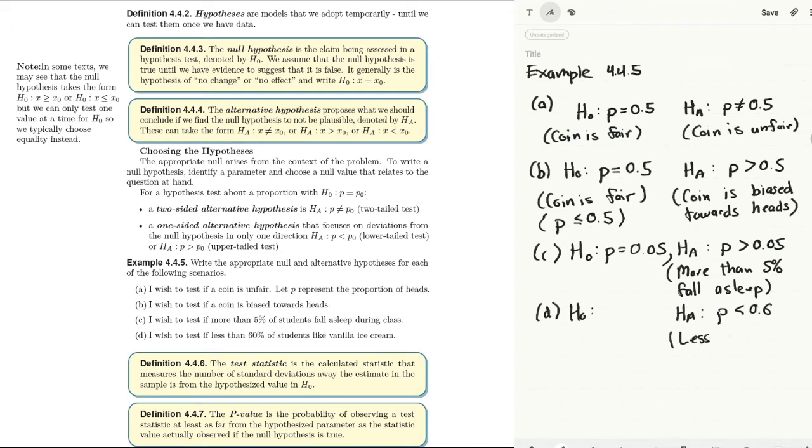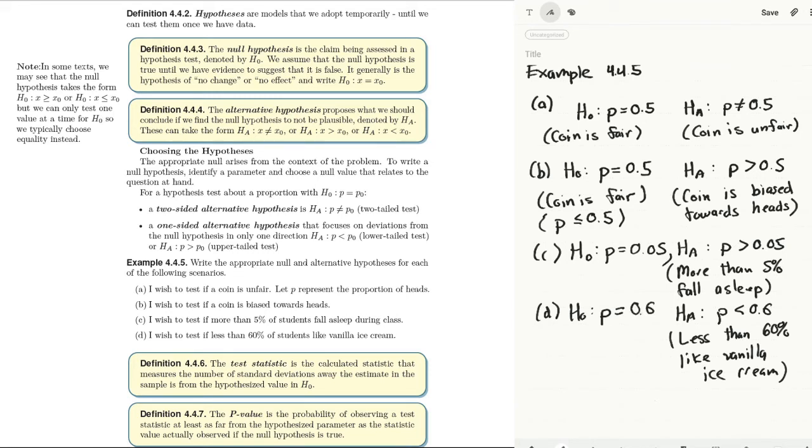So this is the statement that less than 60% like vanilla ice cream. And this means that the null hypothesis is that P is equal to 0.6.